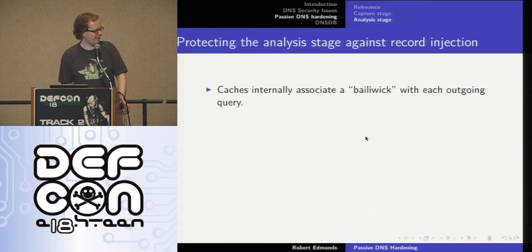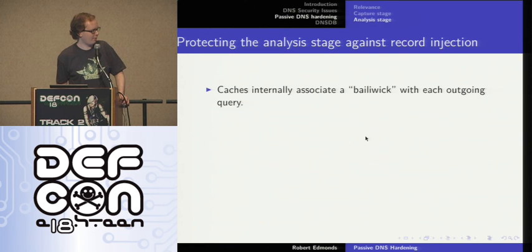So now that we've eliminated this spoofing vulnerability in the capture stage, we can move on to the data that has been captured and has passed all these checks, but happens to be attempting to redirect us, the cache poisoning style.